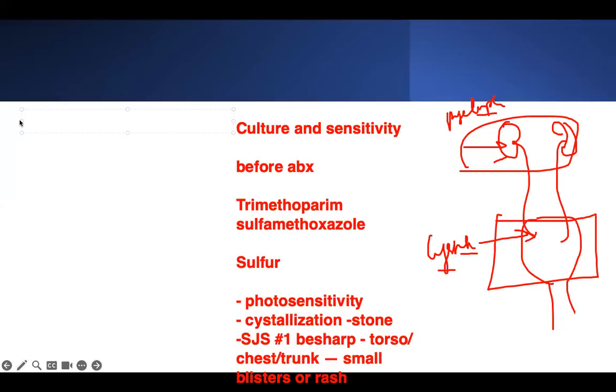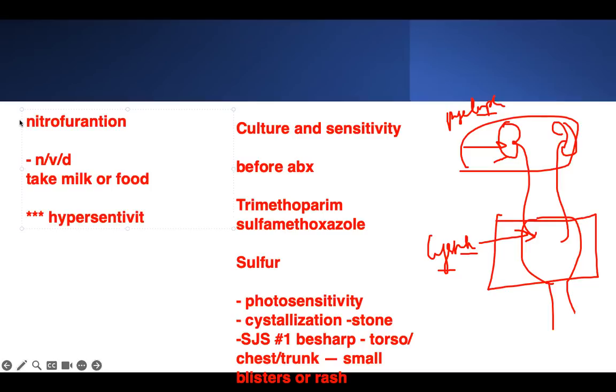There's another antibiotic, nitrofurantoin. This is also very good. Okay, the side effects are nausea, vomiting, diarrhea. Because of that, I want you to take it with milk or food so that you can tolerate it. But the biggest problem is it causes hypersensitivity.